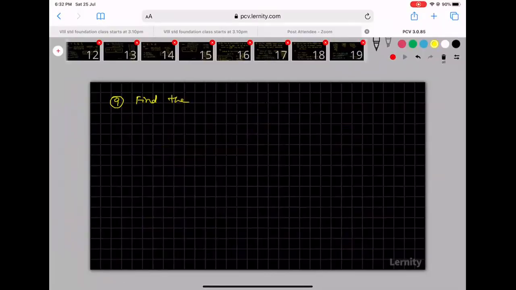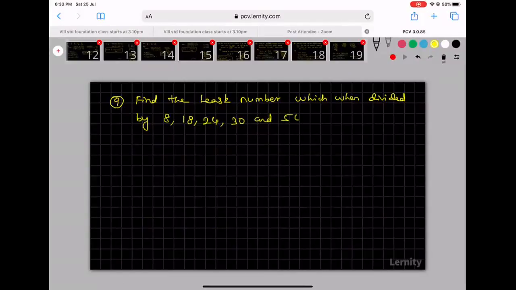Find the least number which when divided by 8, 18, 24, 30 and 54 leaves the same remainder, 6 in each case.